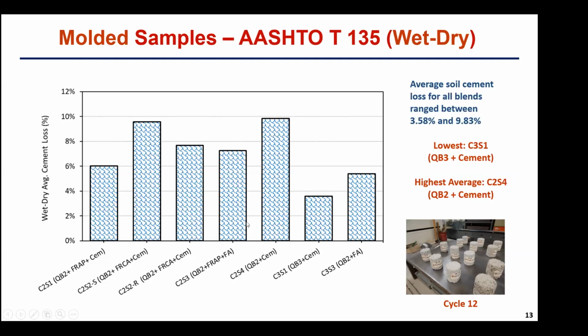For the wet-dry durability of the lab samples, all of them had a soil cement loss of 10% or less on average, which is considered good, given that 10% or less is the IDOT standard for an acceptable, durable material for use following this test.